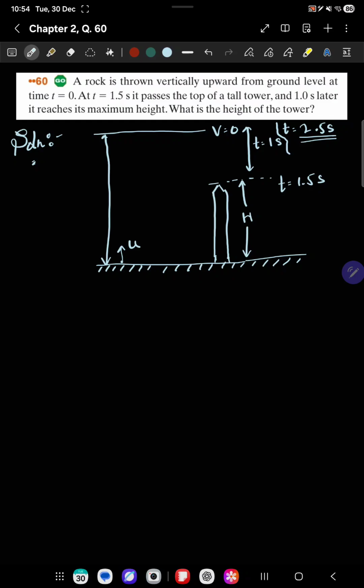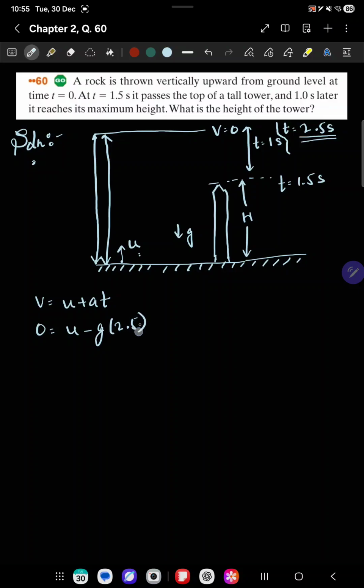So what we can do, we can write the first equation of motion, just to find out this value of u. Okay, and we know gravity is working downwards, so we can write v equals u plus at, right? v is given as 0, u minus g, and here for t, since we are taking the complete height, from here to here, we have to take the total time, which is 1.5 seconds plus 1 second, which is 2.5 seconds.